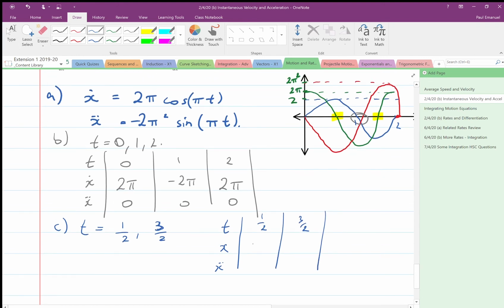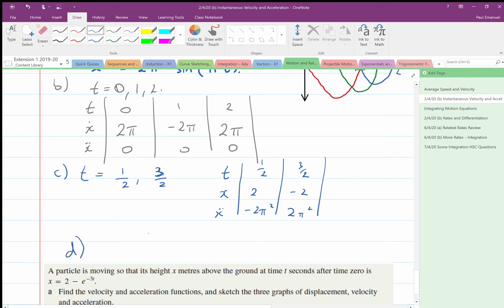So its position is 2, its acceleration is minus 2 pi squared, its position is minus 2, its acceleration is 2 pi squared. So when it's stationary is actually its greatest acceleration and its furthest position, because that's where it's turning around.